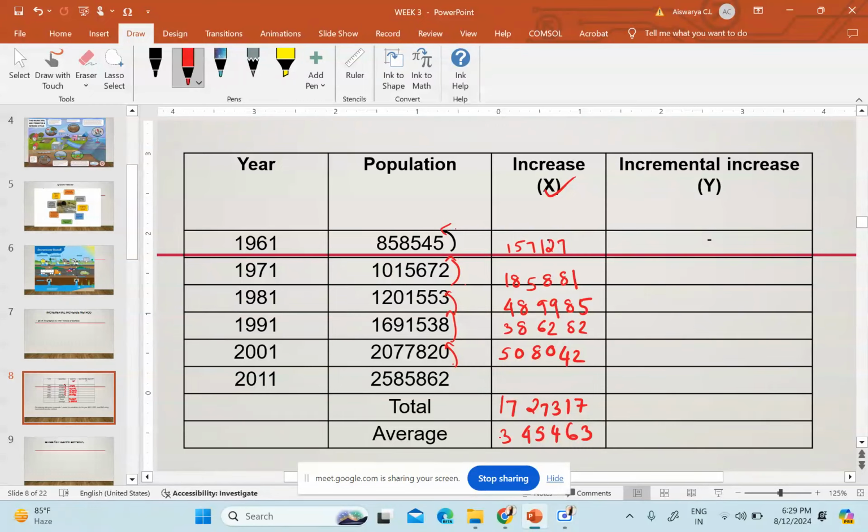Now do the same again: backward subtraction, subtracting from the final value. This is the final and this is the initial, and here also this is the final and this is the initial. Calculate the value and write it with its sign. If it's plus, write plus; if it's minus, write minus.